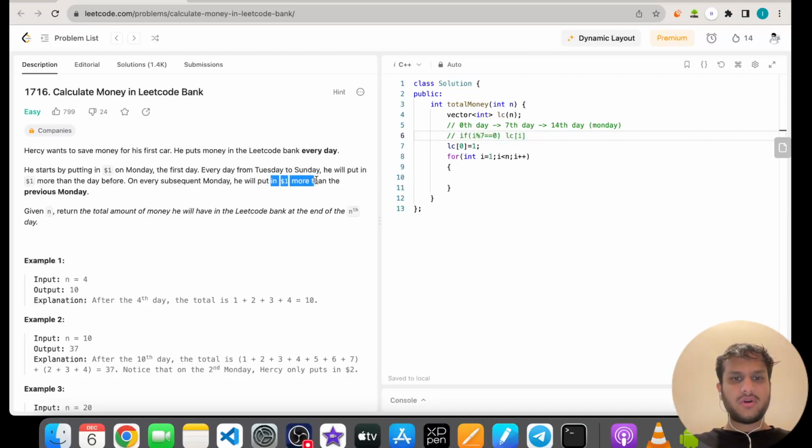He'll put $1 more than the previous Monday, right? So it will be equal to LeetCode coins of i minus 7 plus 1, right?